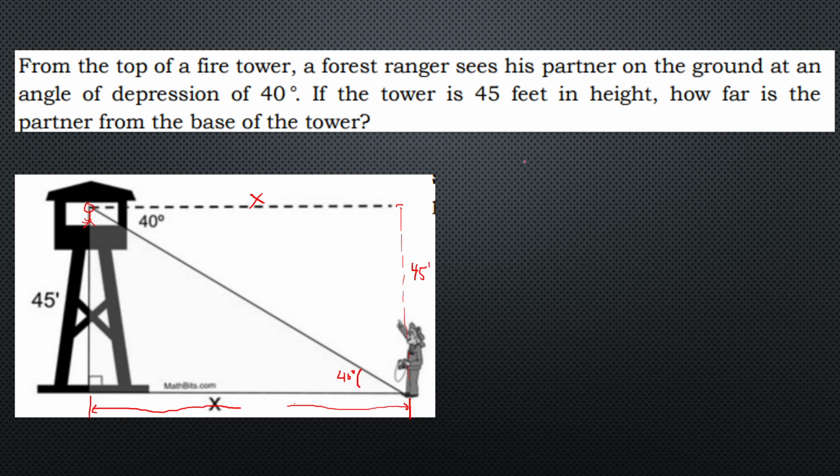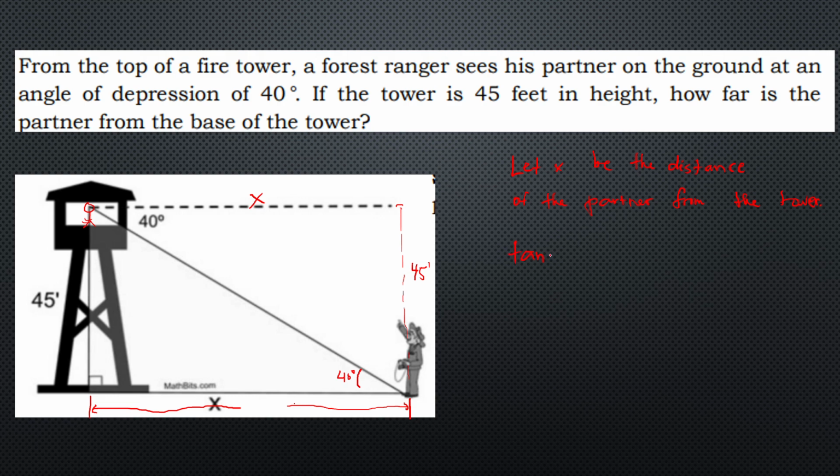We just have to assign some variables. Let x be the distance of the partner from the tower. So we use tangent because you have x as the adjacent and 45 feet as the opposite.